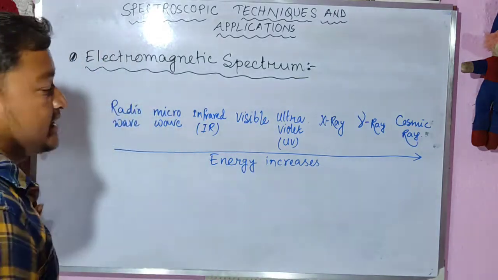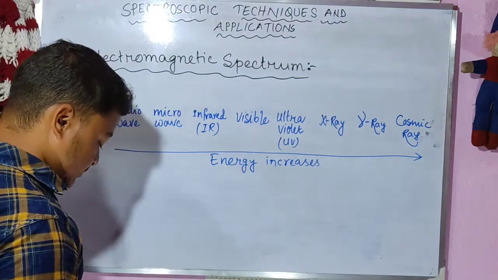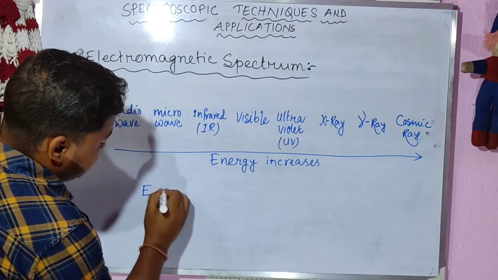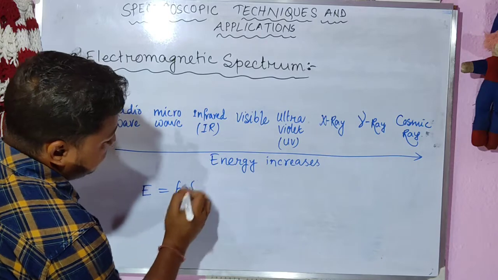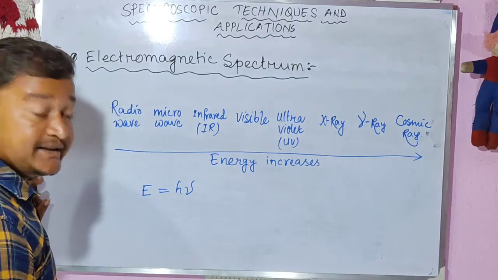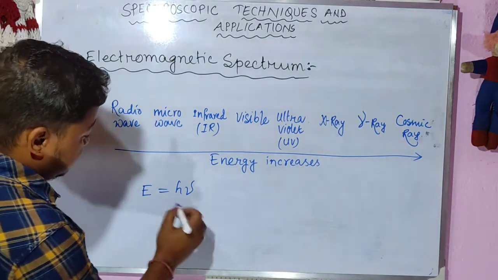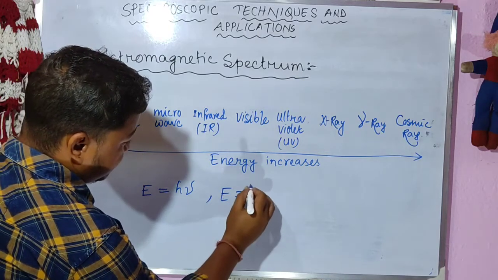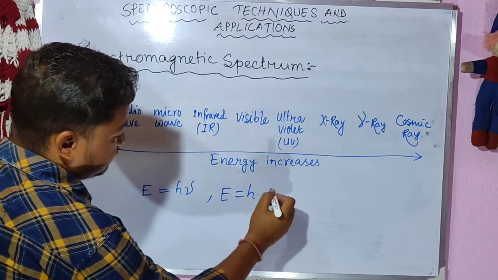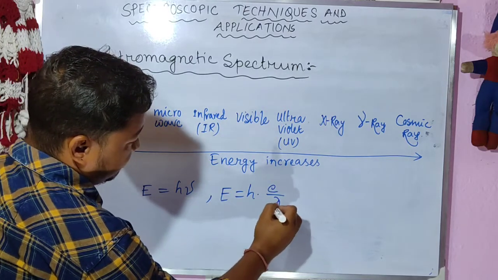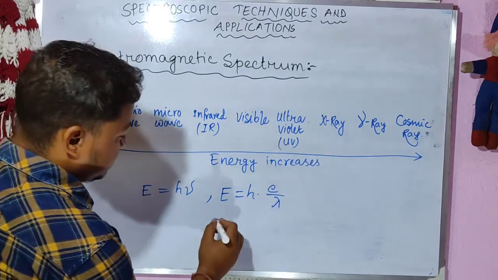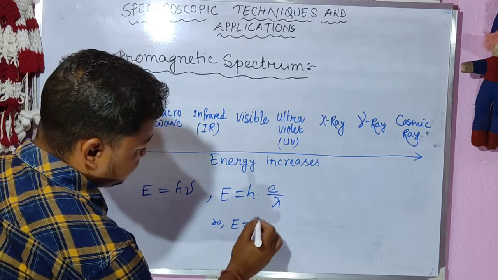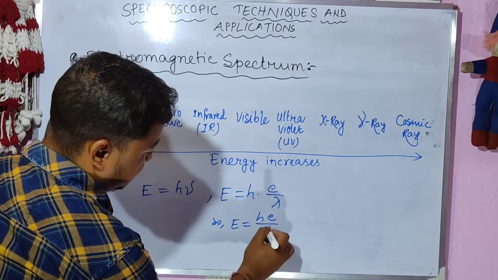The relation between energy and frequency is E equals h nu. From here, E equals h into nu equals c by lambda, so equals hc by lambda.